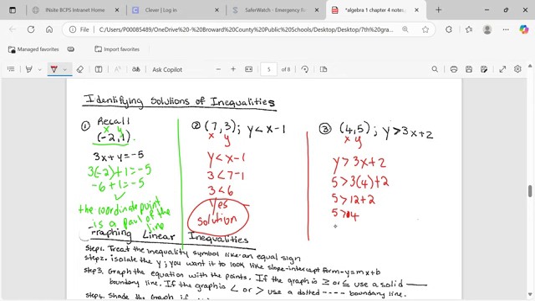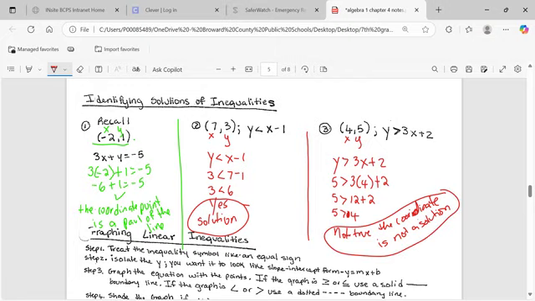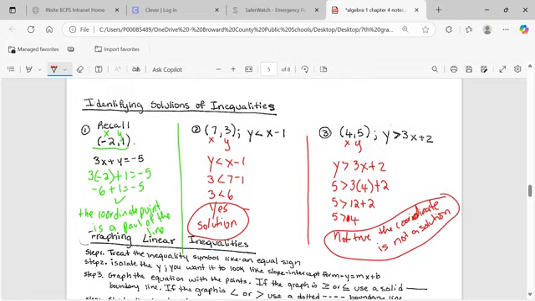No, it is not. So it's not true, which means the coordinate is not a solution to the inequality. All right, so that's how we can identify if something is a solution or not.